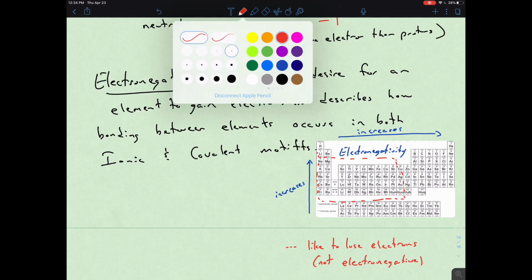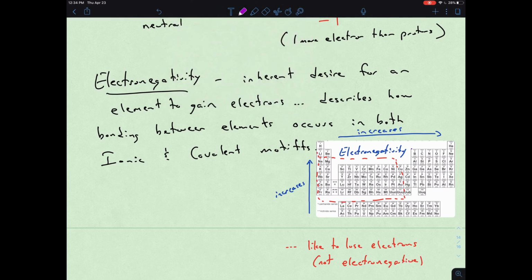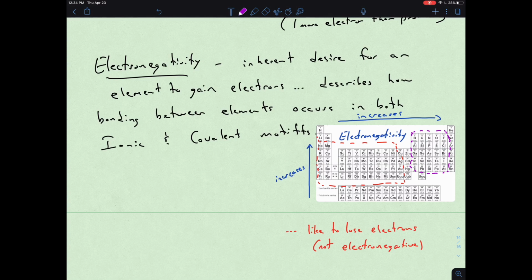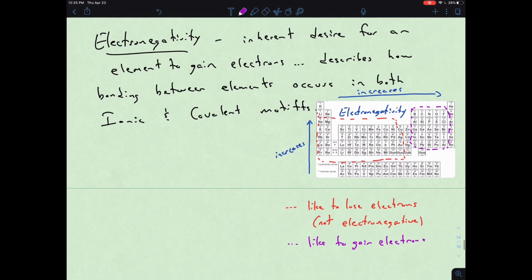Well, then we find on the other side of the coin, this is being pretty rough, okay, people? With the purple, these like to gain electrons. And they are electronegative.